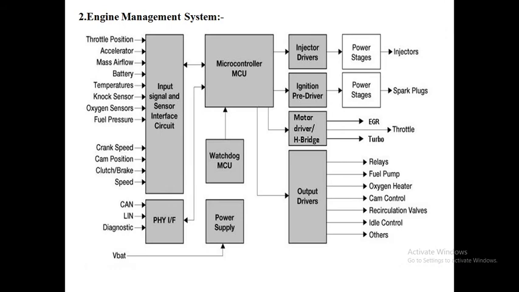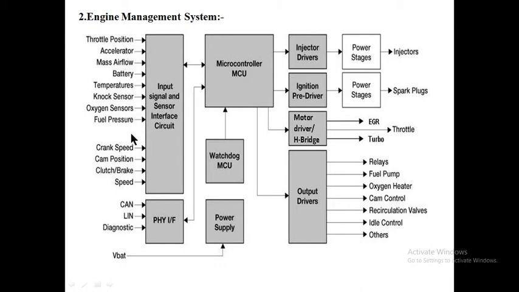Again, this engine management system is an example of a Mechatronics system. This engine management system has input signals which are sensed by sensors such as throttle position, accelerator, mass airflow, battery, temperature, NOx sensor, oxygen sensor and fuel pressure.